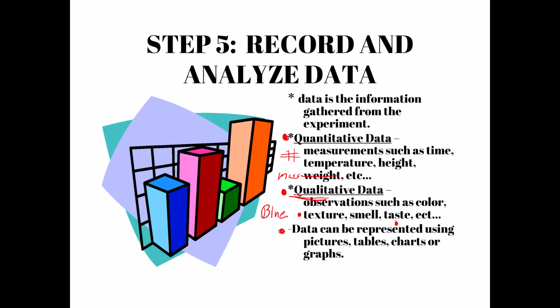A lot of times we don't post our data table. If people ask to see it, that's fine. But we usually post the results, the graph, the picture, whatever we took to summarize the data, as opposed to posting this massive, long data table.